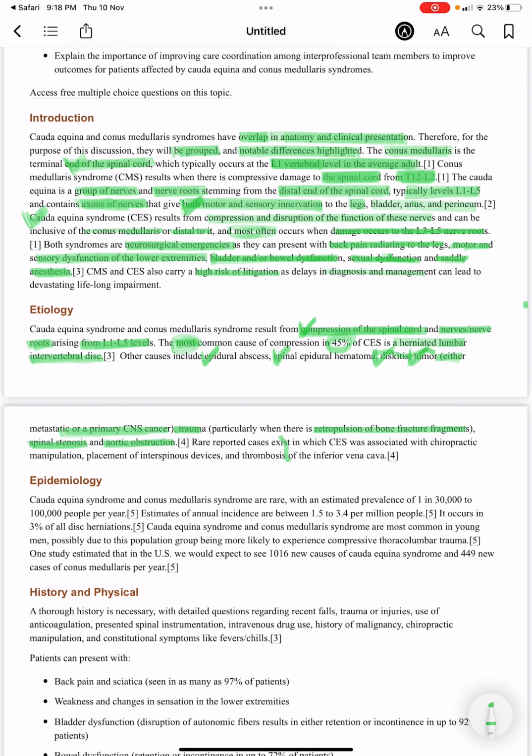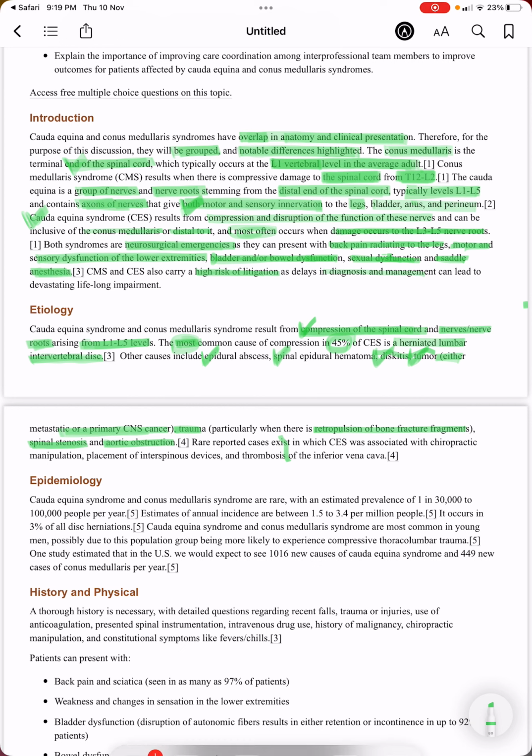In 45% of cases it is a herniated lumbar intervertebral disc, and the others are as listed.